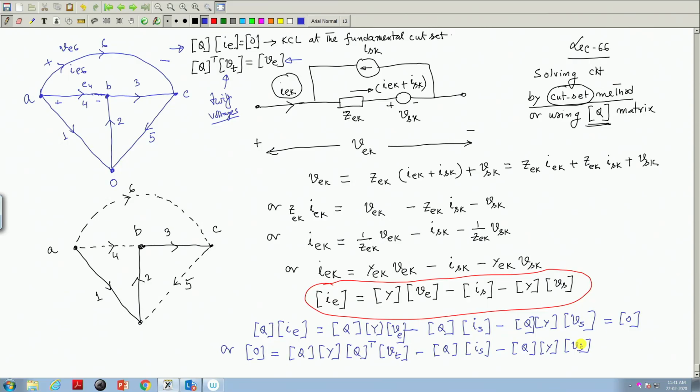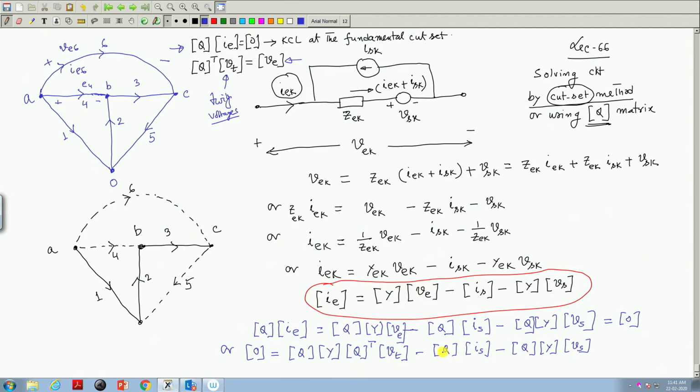See, here it is current, therefore, right hand side also dimensionally should be current. So, you can easily remember this is current, Q matrix has got no dimension, only plus 1 minus 1 entry. So, it is in ampere and V s is in volts, and volt pre-multiplied by admittance will give you also ampere, since Q has got no dimensions.